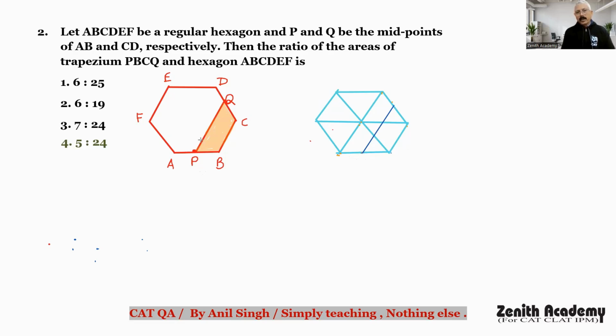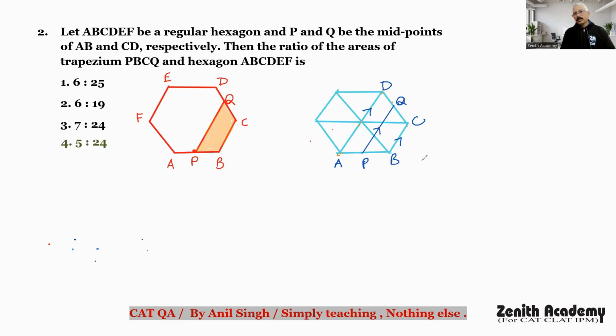So this line PQ will be parallel to this line AD. So PQ will be parallel to AD and parallel to BC. These three, PQ, BC, and AD, are three parallel lines inside the regular hexagon.